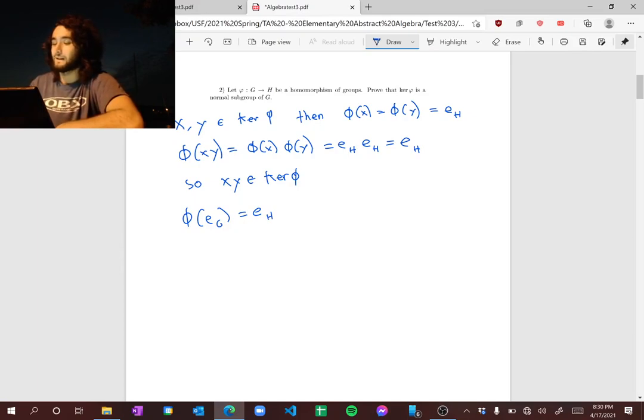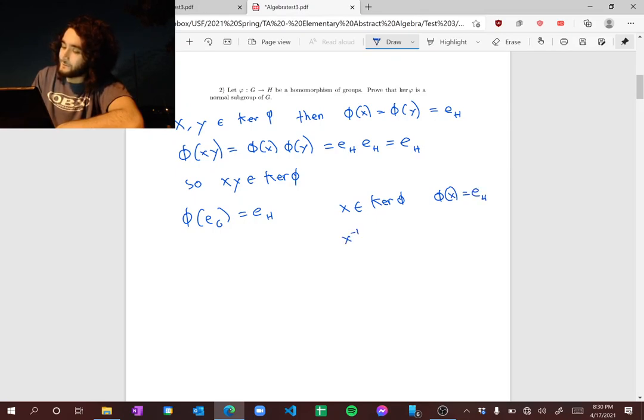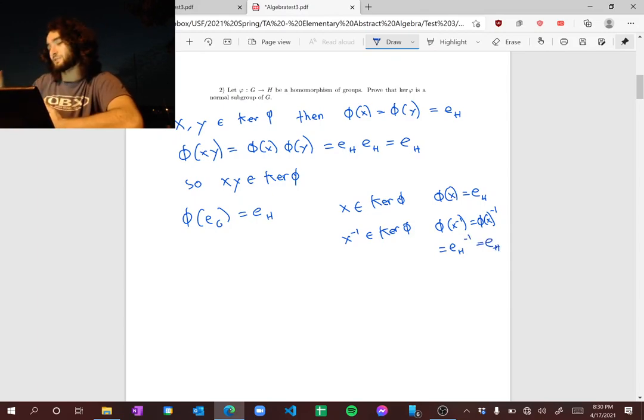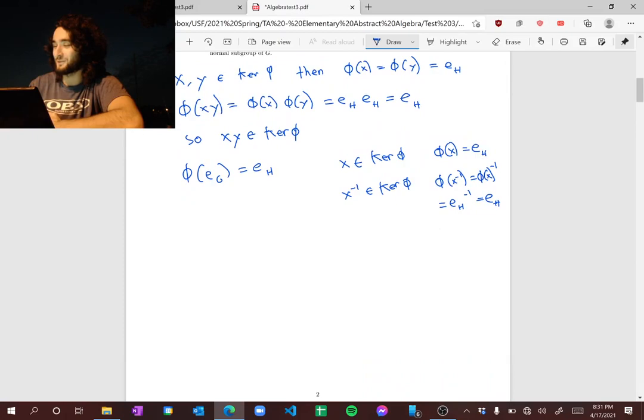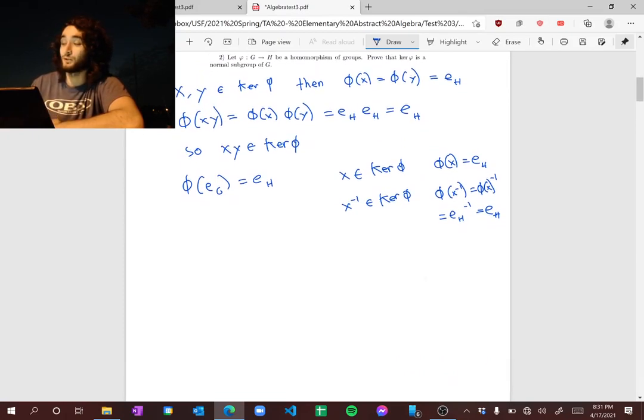And inverses: if x is in the kernel, so that phi of x equals E, well then x inverse is surely in the kernel, because phi of x inverse is phi of x inverse, which is E inverse, which is E. So again, this part's kind of boring. The point is, it's a subgroup, and everybody probably believes me. So the hard part is, what about the normal subgroup?